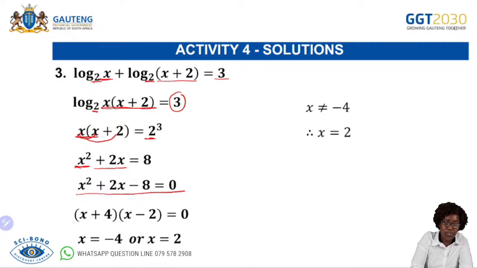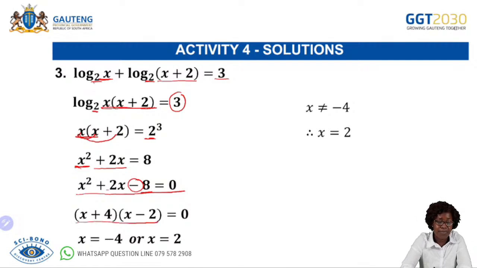In this case, I used factorization because the factors of 8 that give me 2 when I subtract are 4 and 2. So my brackets become x plus 4 multiplied by x minus 2 equal to 0. Now when I solve this equation, x plus 4 equal to 0 gives me x equal to negative 4. And then x minus 2 equal to 0 gives me x equal to 2.